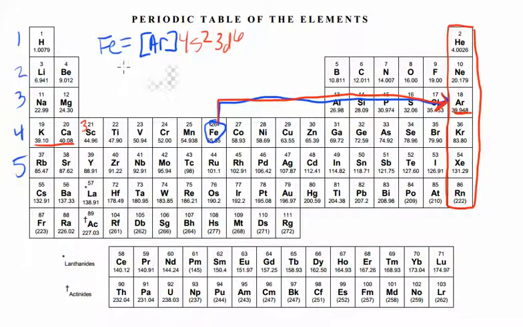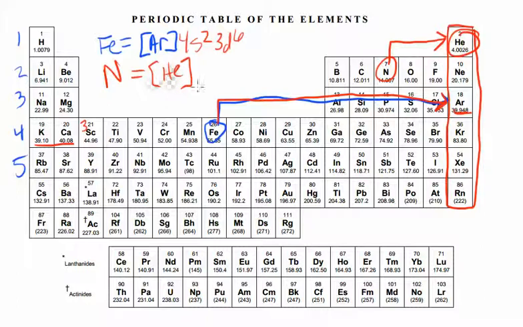All right, let's try one that's a little shorter. It really won't save you much space, but let's try nitrogen. Here's nitrogen right here. It's in the second period, so it's got 2 energy levels. We go up 1 and over, and we're going to use helium as our abbreviation.